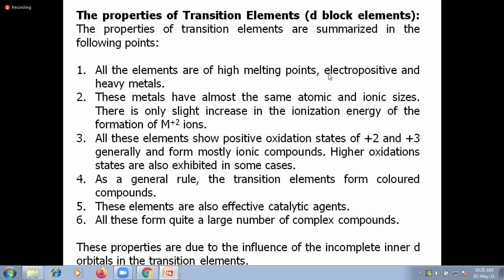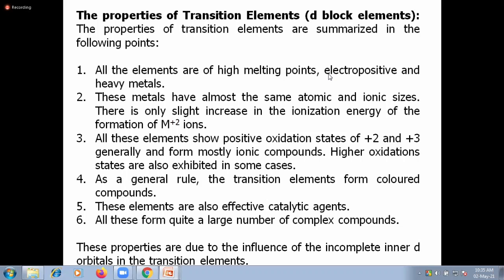Electropositive means actually the lack of electron? If the lack of electron, that means they do not want to donate electron, rather they want to accept the electron, isn't it? Or it will be otherwise. Metals donate electron or accept electron?